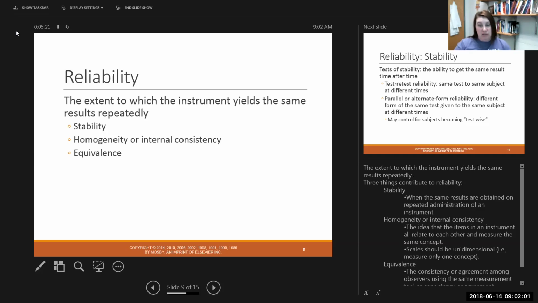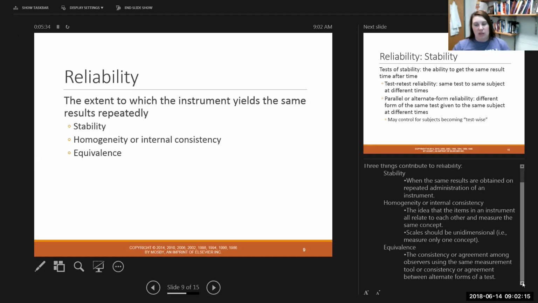With homogeneity, the idea is that the items in the instrument are all related to one another. They all are measures of the same type of concept. And then within equivalence, the consistency or agreement among the observers using that tool: if multiple of us are testing something, we're all agreeing that, yes, this is what this tool is saying to us, that we're using the tool in a similar manner.